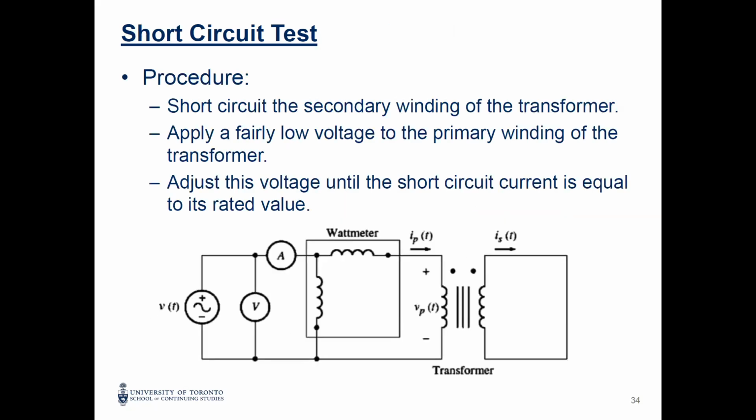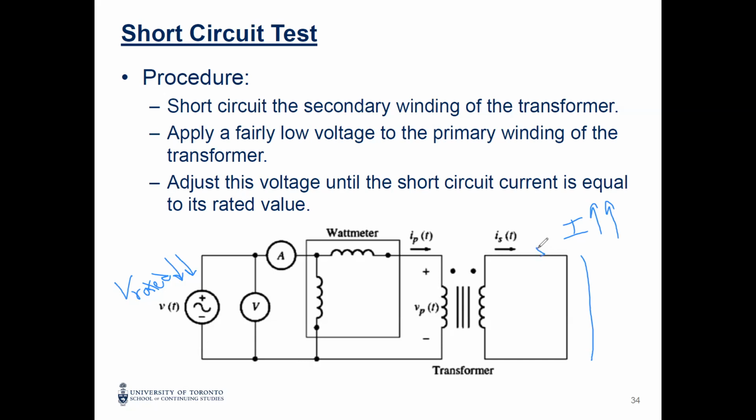Short circuit. For the short circuit, it's similar to the open circuit actually, but different in some way. When I put a short circuit, in reality, the current will be very, very high. So I'm not going to apply the rated voltage. I'm going to apply something much smaller than the rated voltage.